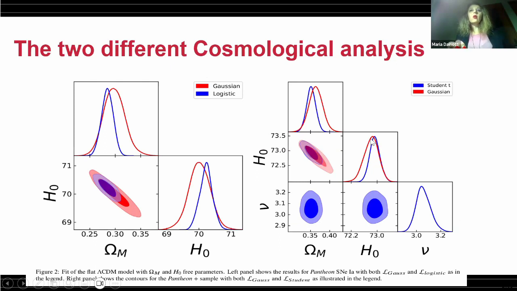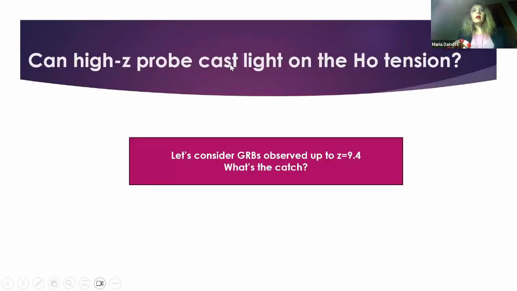You can see that there is also a shift in the value of H0. So you see that the t-student distribution marks a shift at a higher value. The same happens also for the Pantheon sample. So you have a shift to a larger value of H0 and a slightly smaller value for omega m. Now, what can we do at this point?